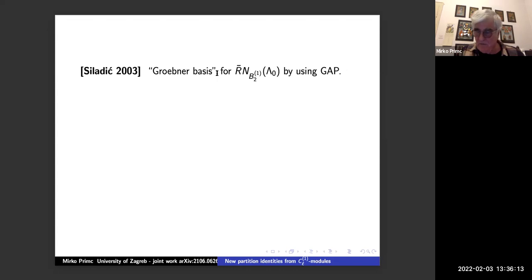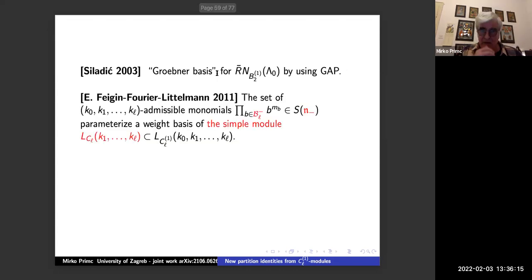There is another important theorem that is related to this conjecture.